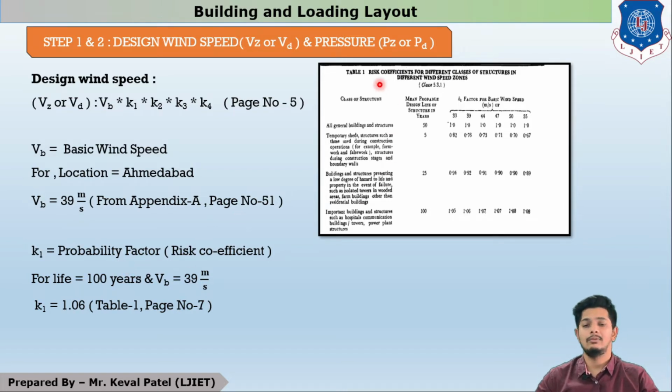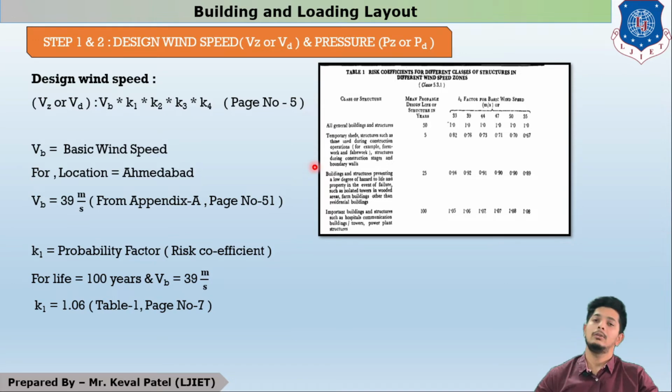Table number 1 will provide the data. For that, here design life is 100 years given, and basic wind speed is also known as 39 for Ahmedabad. So 1.06 will be the value for K1 according to table number 1, page number 7 in the IS code.